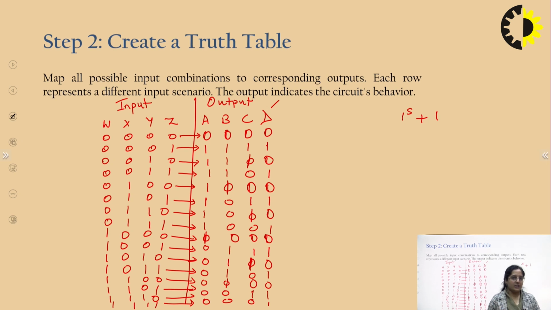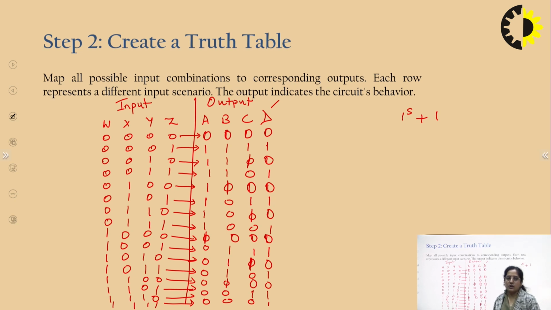So for each output I have to find a Boolean expression and then only I have to draw the logic diagram. So for A I have to find the min terms so that I can solve by K-map or tabulation method, and from K-map or tabulation method I can find a Boolean expression for A as an output, for B in terms of W, X, Y, Z.